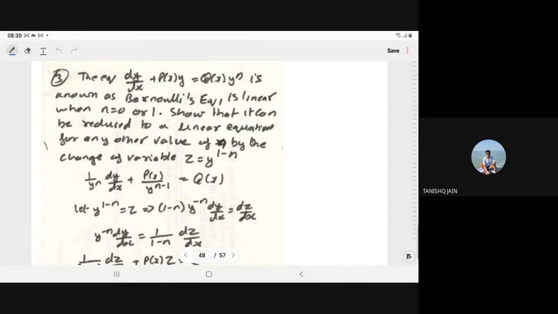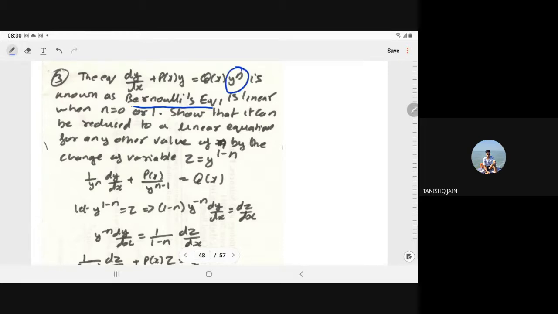Now, next is the Bernoulli differential equation, or Bernoulli equation. Bernoulli equation means if the given equation is not in the standard form, we can reduce it into the standard linear equation. The equation is dy by dx plus p(x) y is equal to q(x) y to power n.